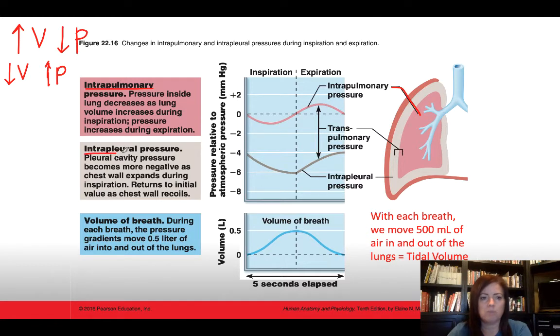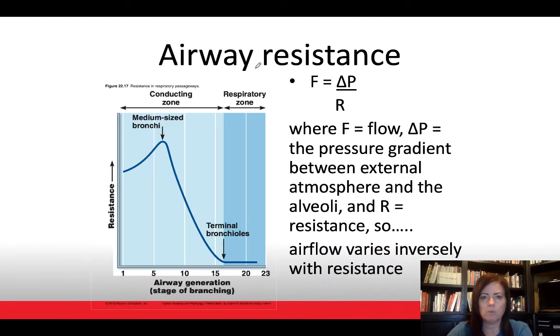We've got our intrapleural pressure, which is the pressure in the pleural space between the lung itself and the wall of the thoracic cavity, and the fact that we've got that difference between the two creates a negative suctioning type of force, and it holds the lungs expanded against the walls of the thoracic cavity. So what happens when we're breathing?